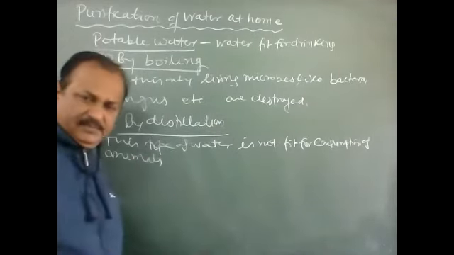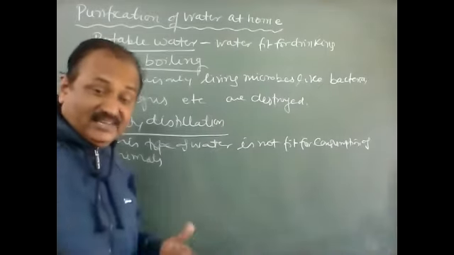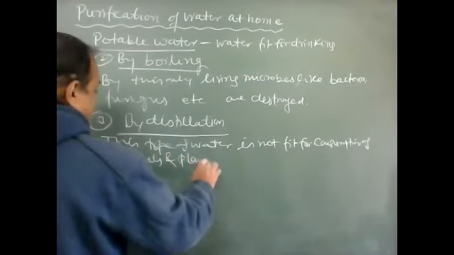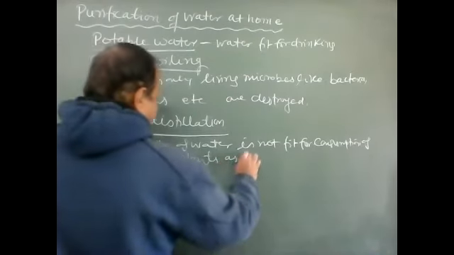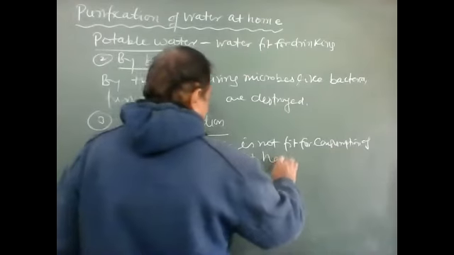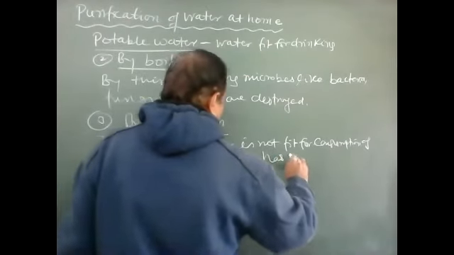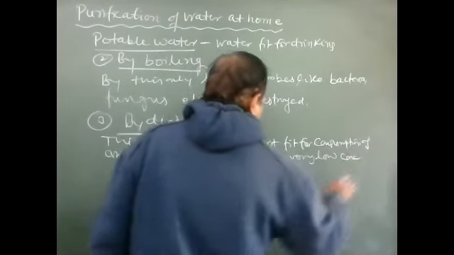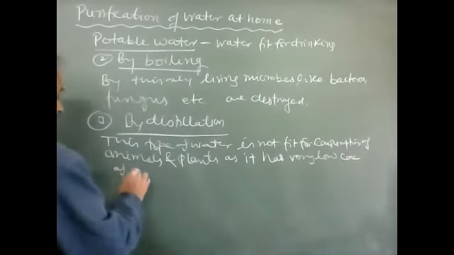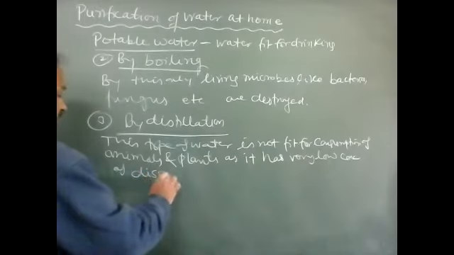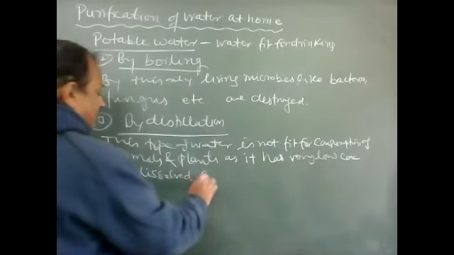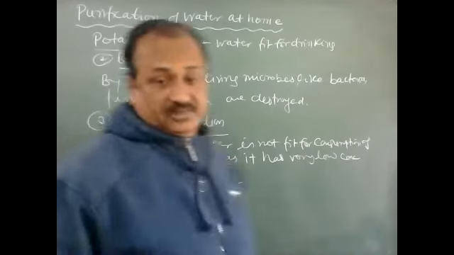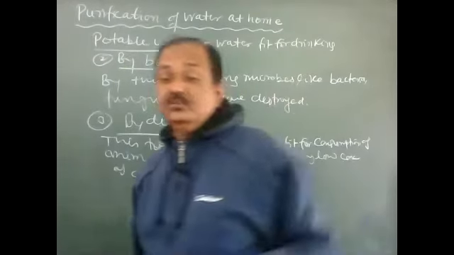Animal means us human beings, and any other animal, it can be dog, it can be cat, anything. Animals and plants, as it has a very low concentration of dissolved oxygen. Dissolved oxygen should be present in water.